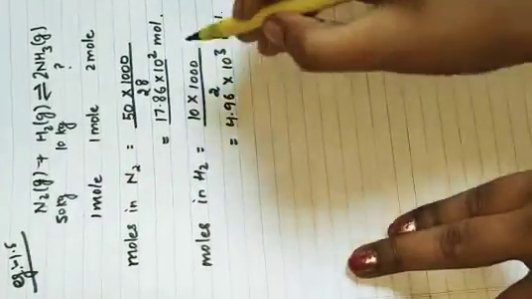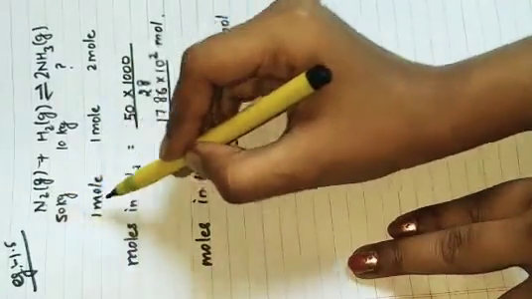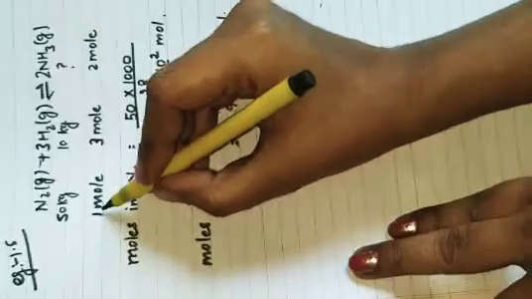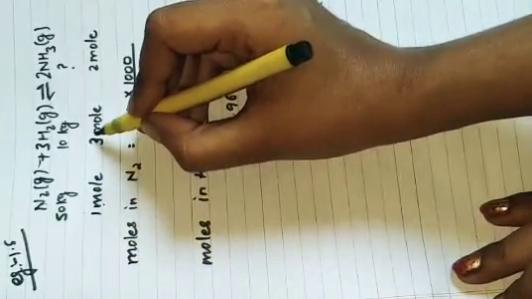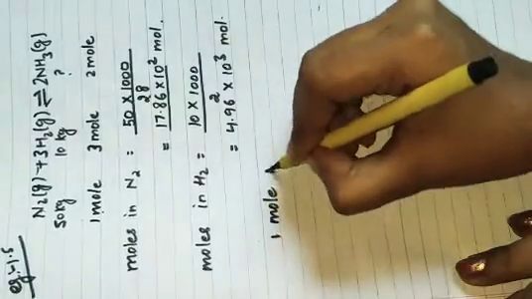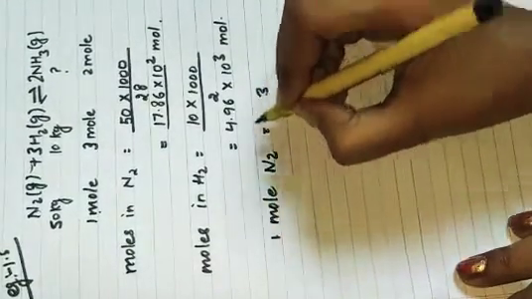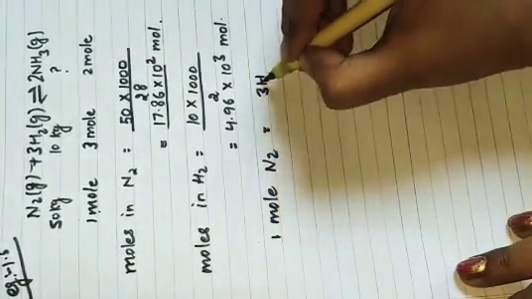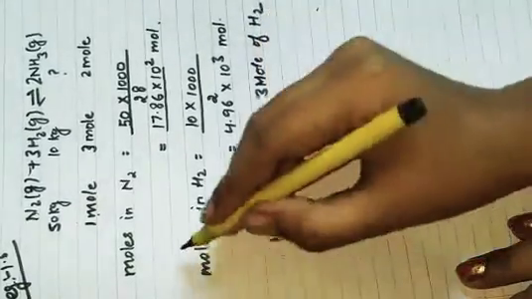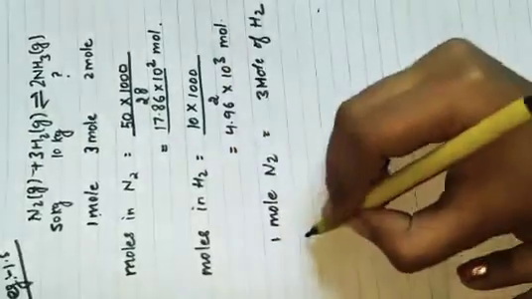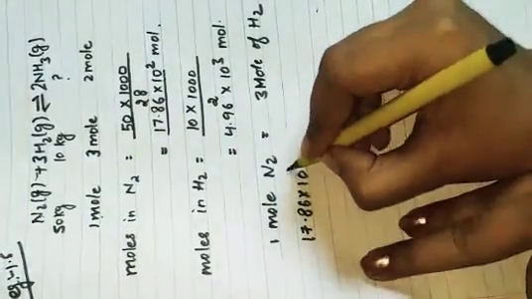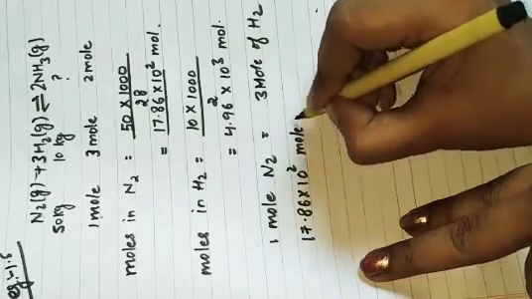Now here you can notice that in N2 plus 3H2, 1 mole of nitrogen reacts with 3 moles of hydrogen. So 1 mole of N2 requires 3 moles of H2. How many moles of N2 are here? 17.86 into 10 to the power 2 moles of N2 we have.